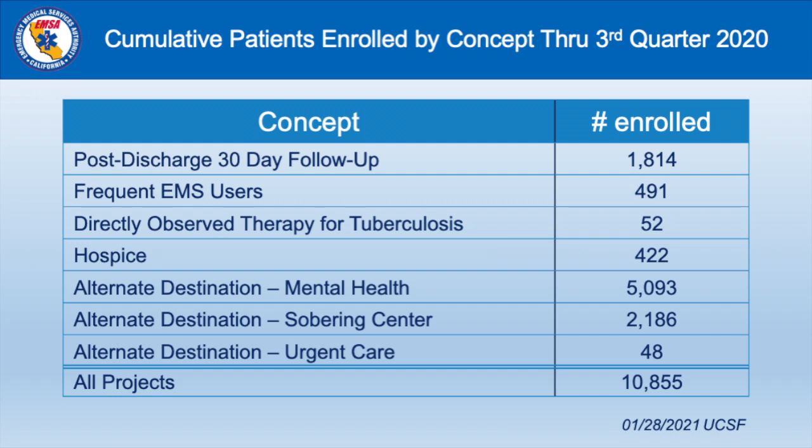The second highest is the sobering center, and dealing with the inebriants. Sobering center programs are implemented in Los Angeles, a very large county within California, and the city of San Francisco, another large metropolitan area.